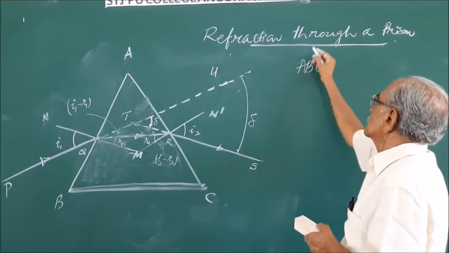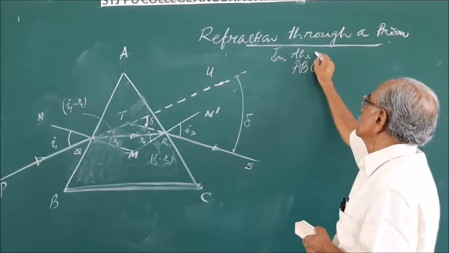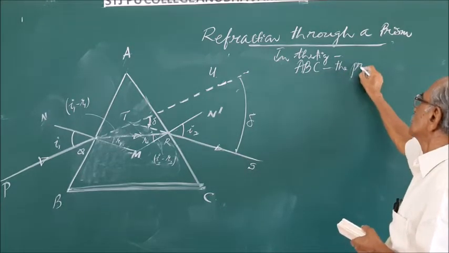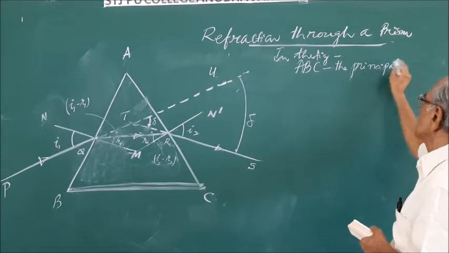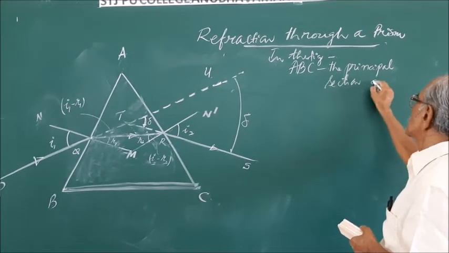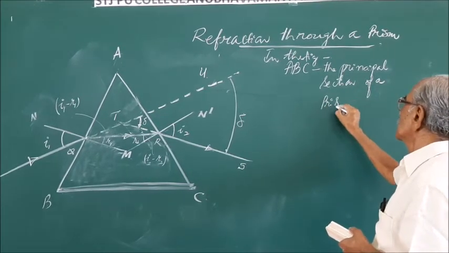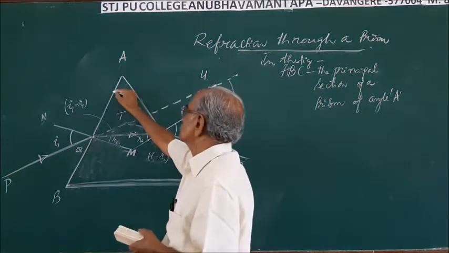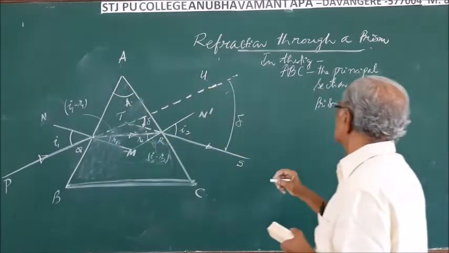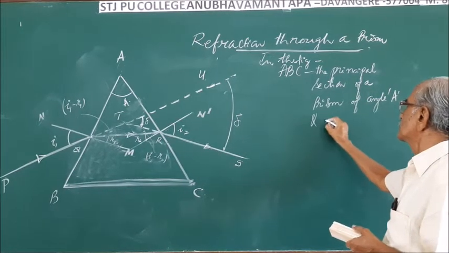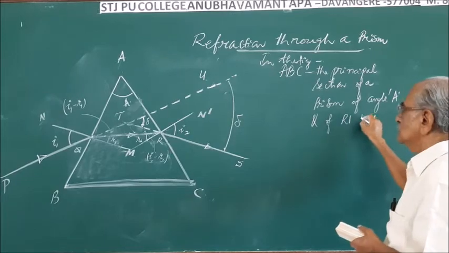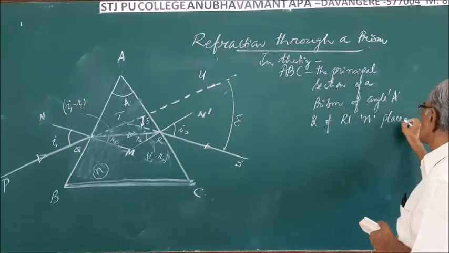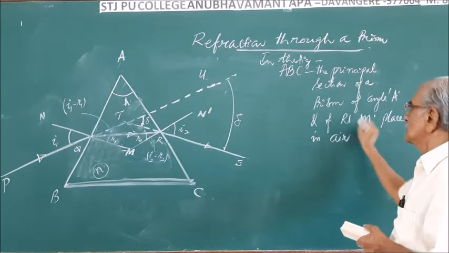In the figure, ABC is the principal section of a prism of angle A and of material of refractive index n, placed, for convenience, in air or any other medium for that matter.